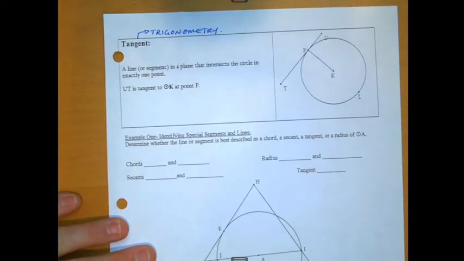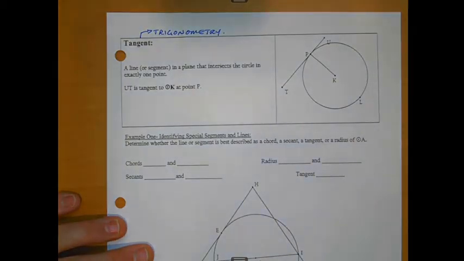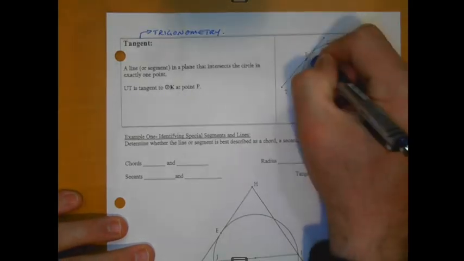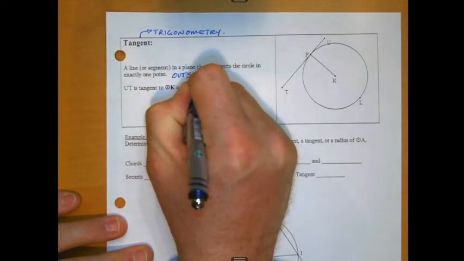And tangent is the ratio of the opposite side to the adjacent side, right? Well, tangent in this case is a circle. Pertaining to a circle is a line or segment in a plane that intersects the circle in exactly one point. So a tangent always has to be outside of the circle.